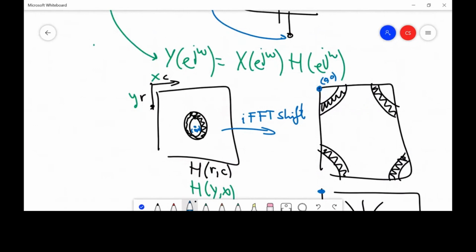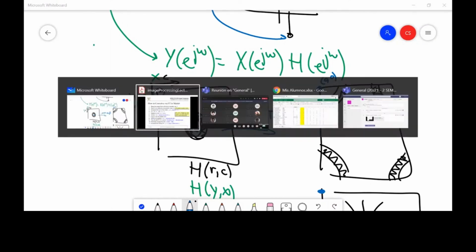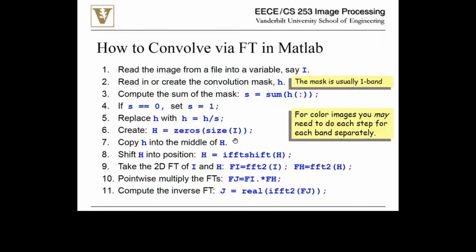If you don't, the origin would be at this point, and then it is not symmetric anymore. You see? Okay, so that is why we are doing the inverse FFT shift.